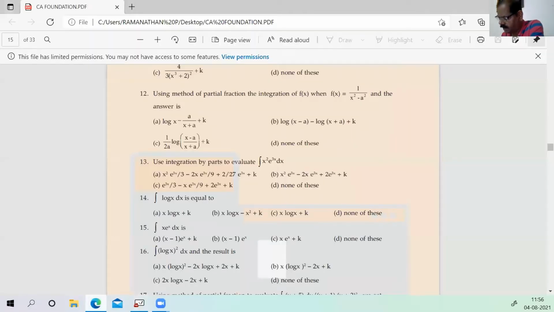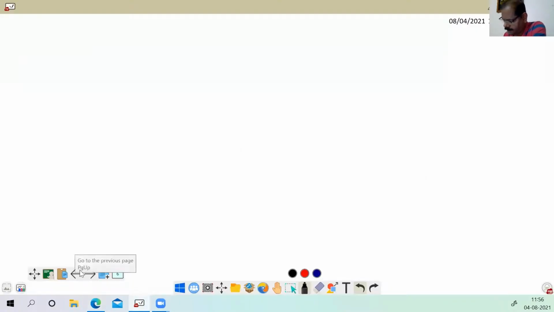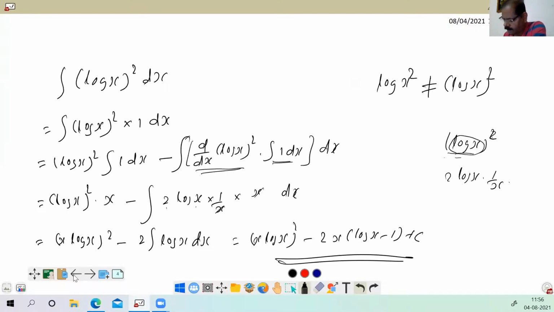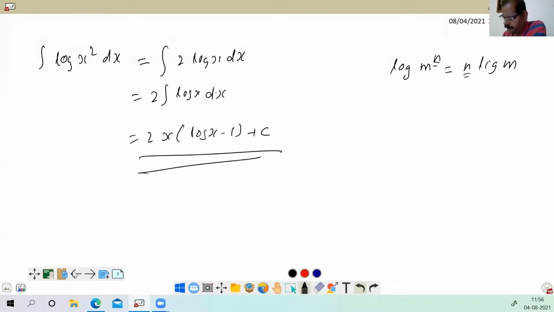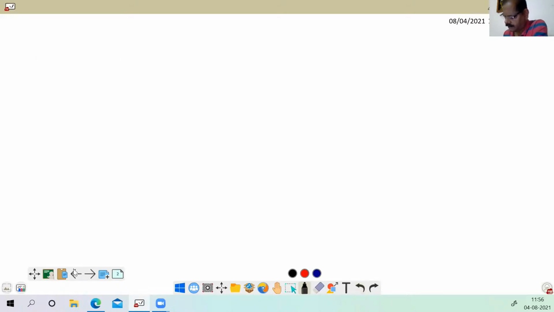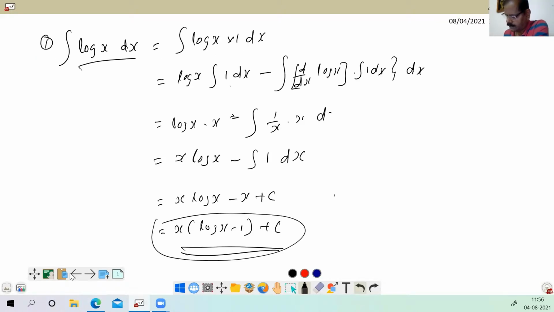Next one, integral log x dx. We have already discussed integral log x dx. The integral of log x dx is x log x minus x plus c, or x into log x minus 1 plus c.